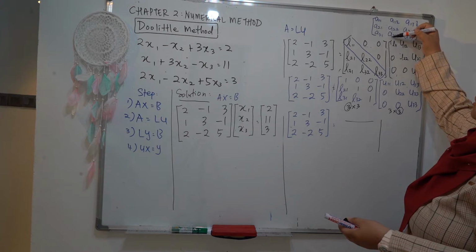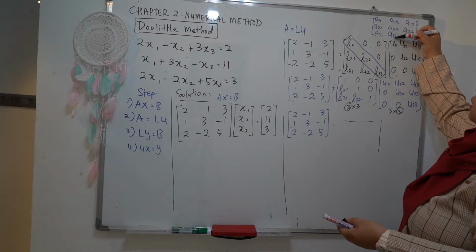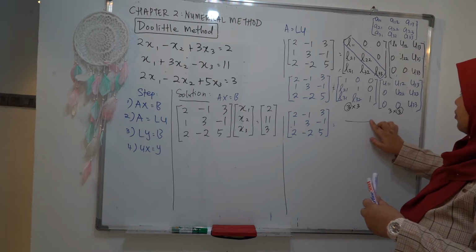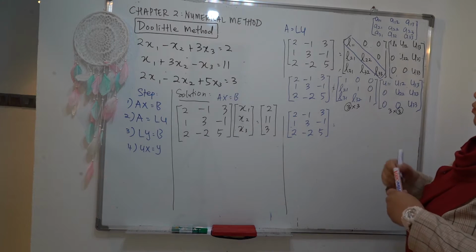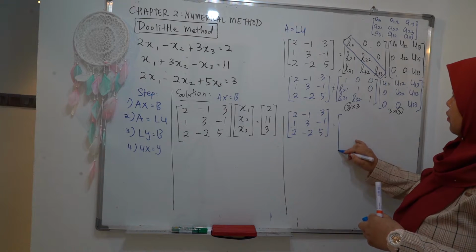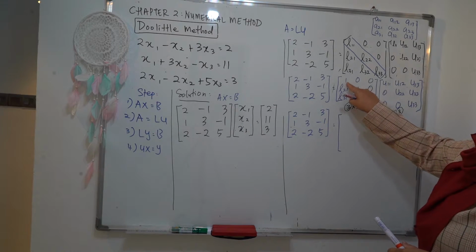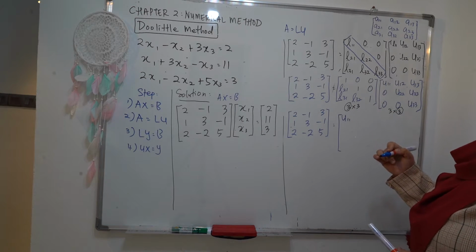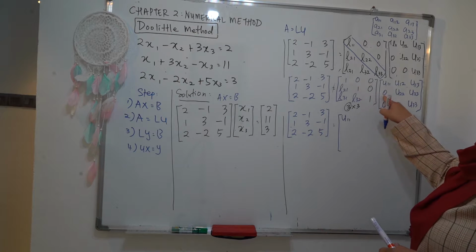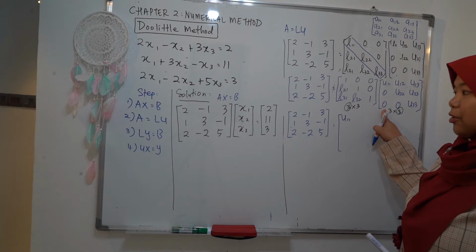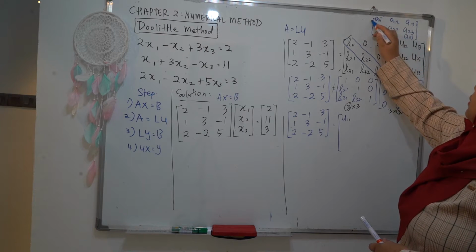A32 means row 3 times column 2. Okay, so I start. 1 times U11 is U11, plus 0 times 0 is 0, plus 0 times 0 is 0. Okay, so it's done.